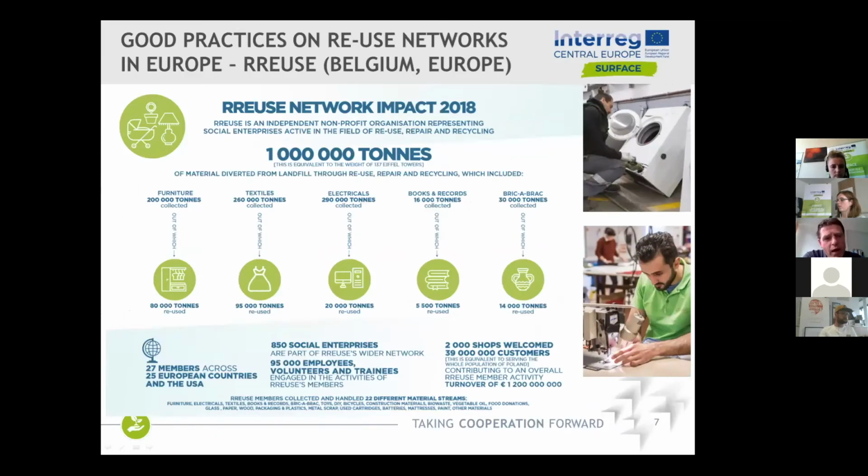And now I would like to show you some slides about good practices on reuse networks in Europe. We have already heard the introduction of RREUSE. RREUSE was also part of this consortium. One more addition to that, you can see that they already avoided 1 million tons of materials becoming waste.